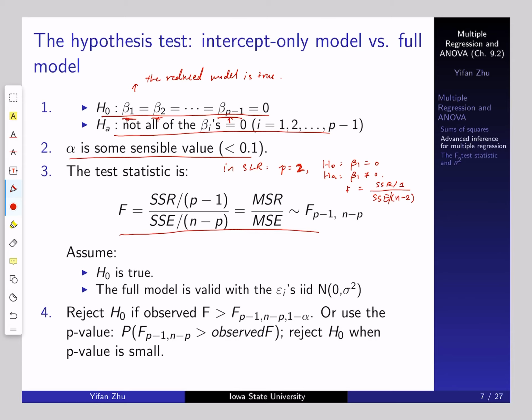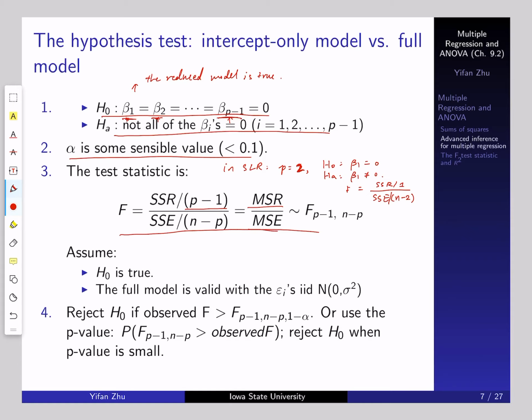So SLR is actually a special case of multiple regression. And the F statistic for multiple regression is this: SSR over p minus 1 over SSE over n minus p. And this is just MSR divided by MSE.